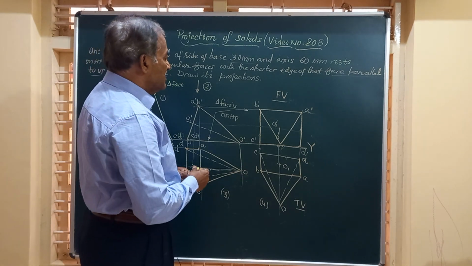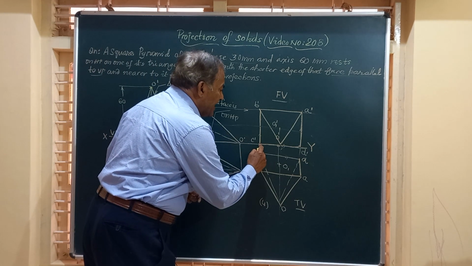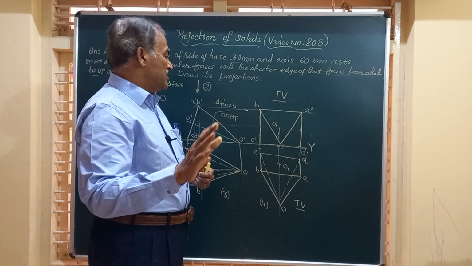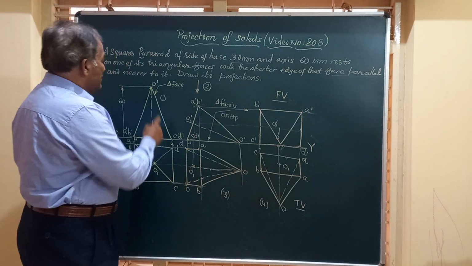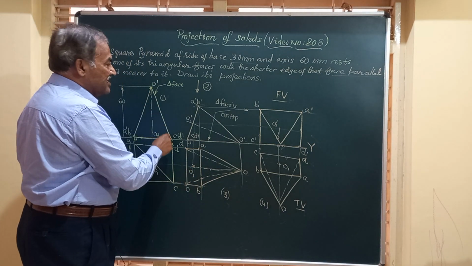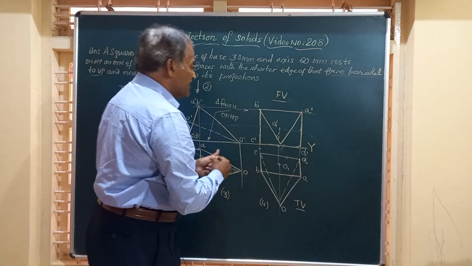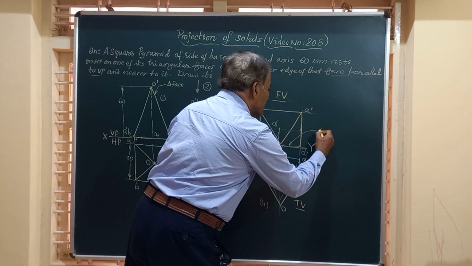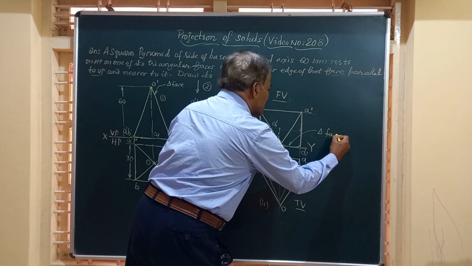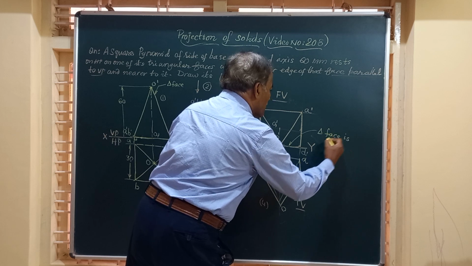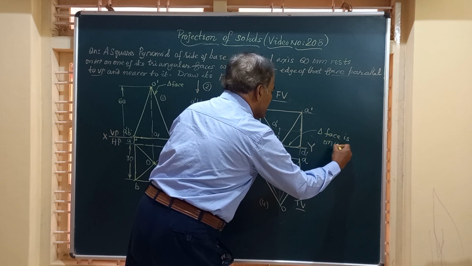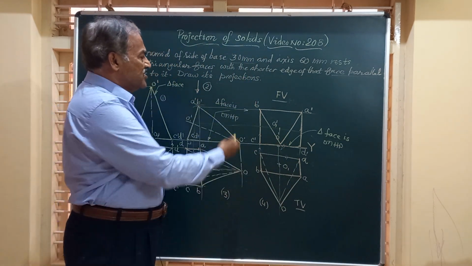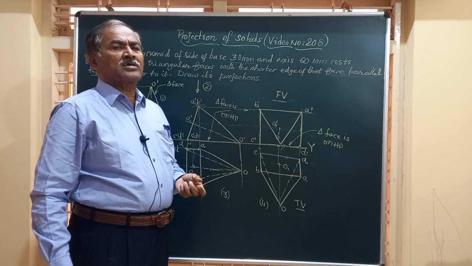And here, friends, the line C dash, O dash, D dash is this line. This line is a triangular face. Hence, I can conclude the triangular face is on HP, and hence it is satisfying all the requirements of the question, and this will give you the complete correct solution for the problem.